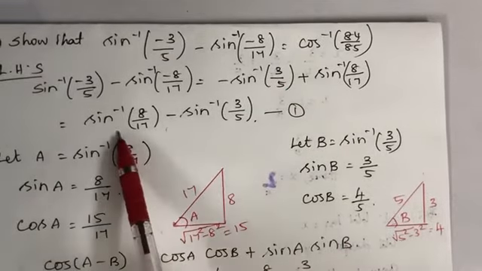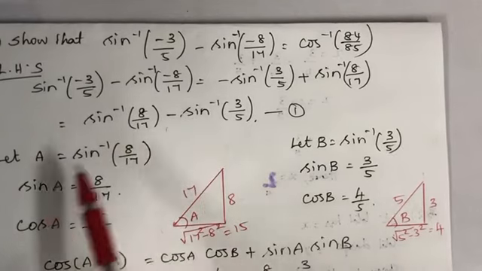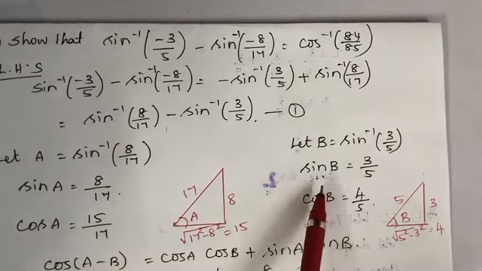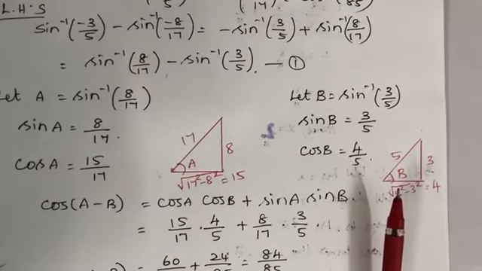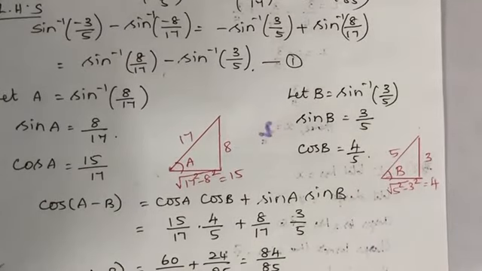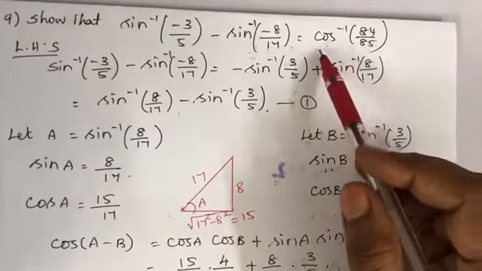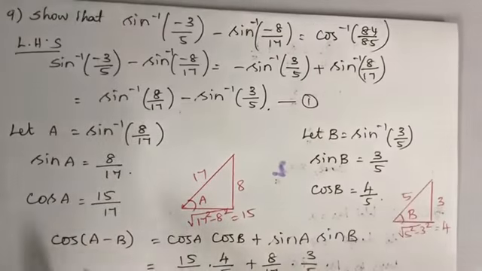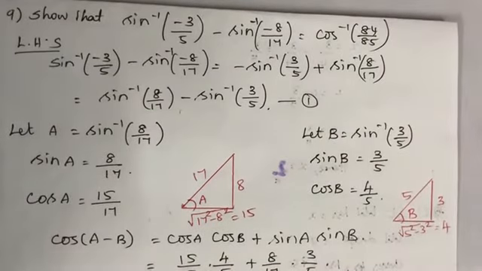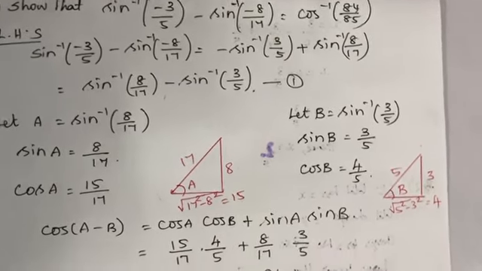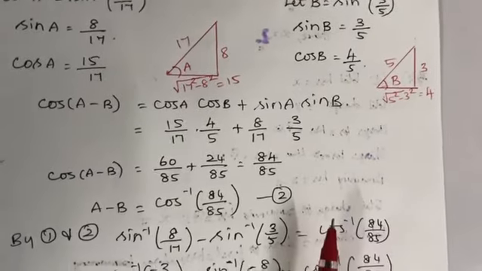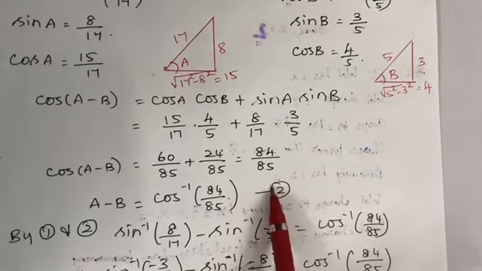I take this as A and this as B. So we have sin A values and sin B values now, and let's find cos A values and cos B values. As we have cos inverse here in the question, I take cos of A minus B and its formula, and I am substituting the values. So cos of A minus B is equal to 84 by 85.